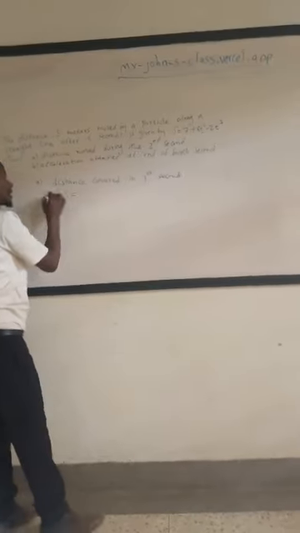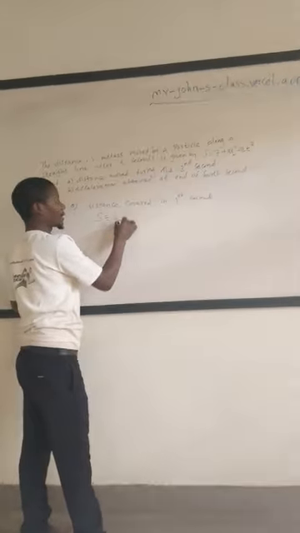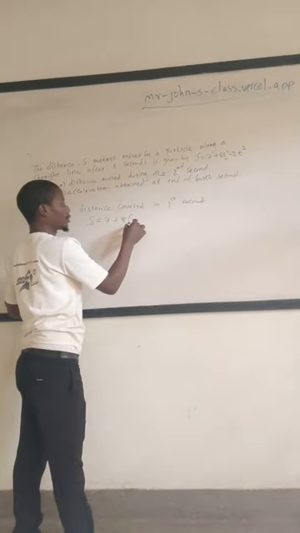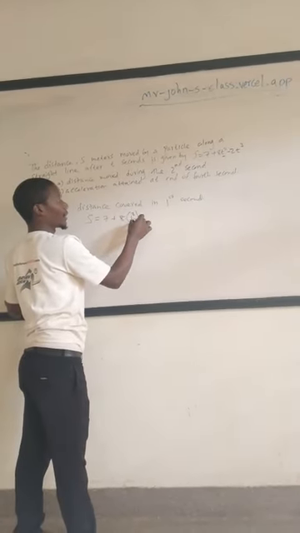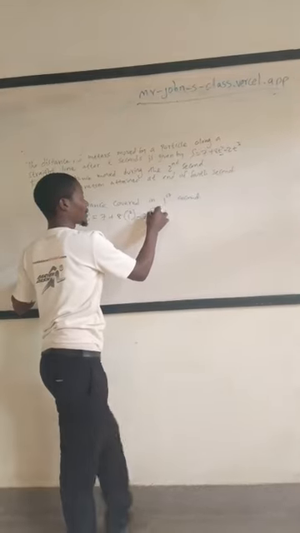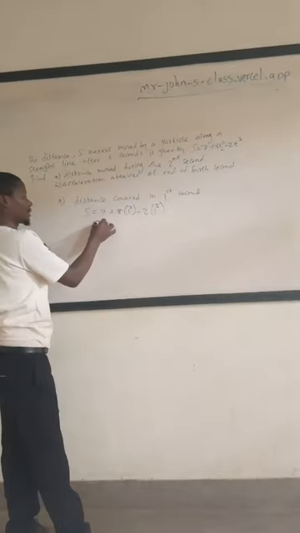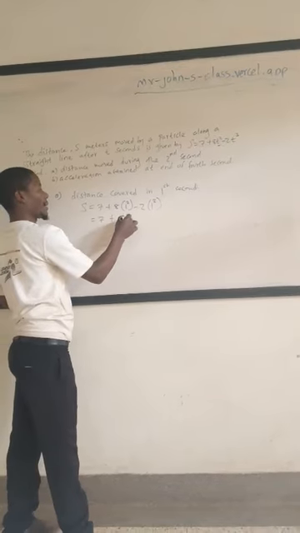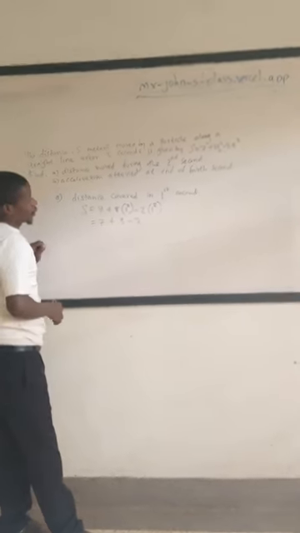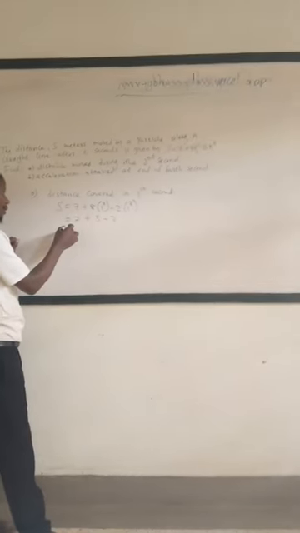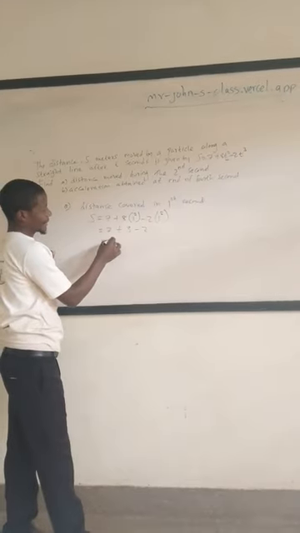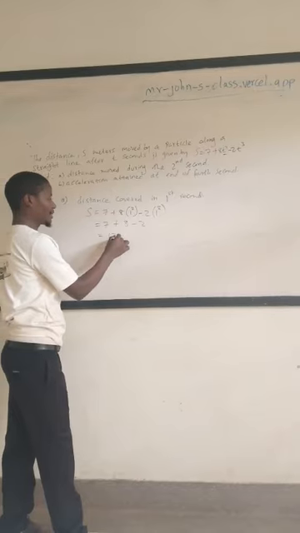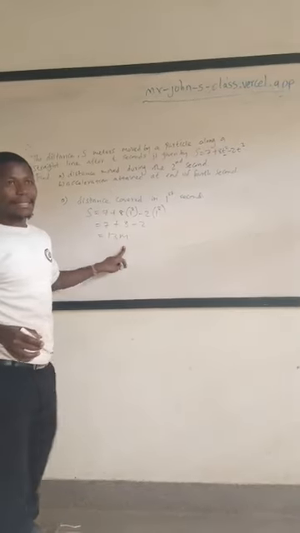So s is 7 plus 8 into 1 squared minus 2 into 1 cubed. This is 7 plus 8 minus 2, which is 13 meters. That's the distance covered in the first second.